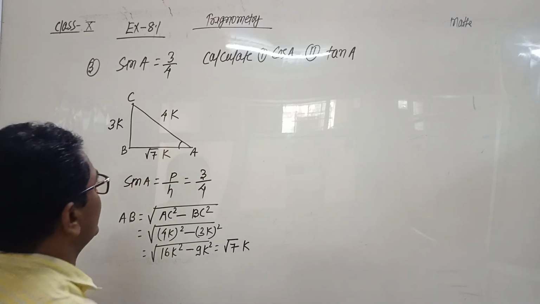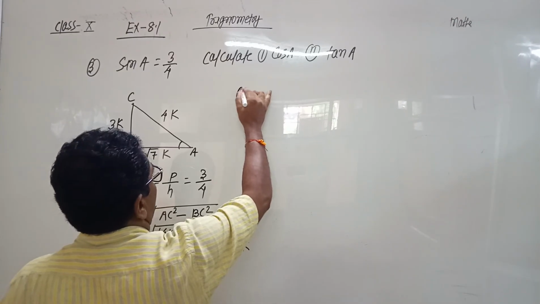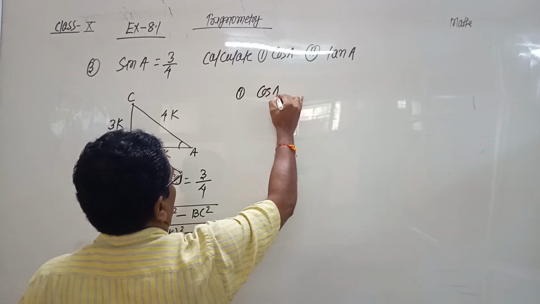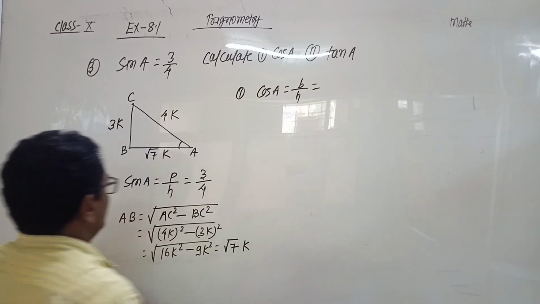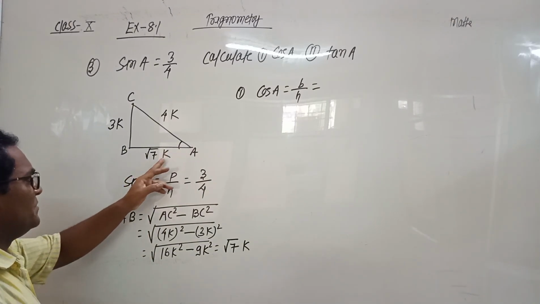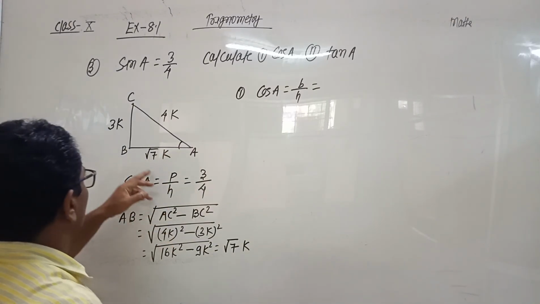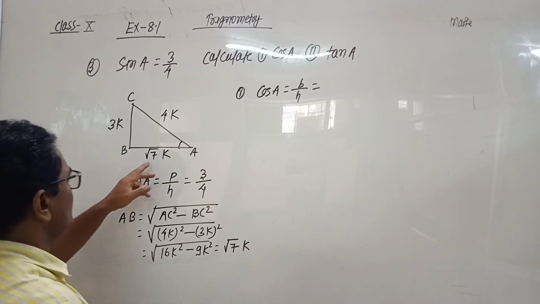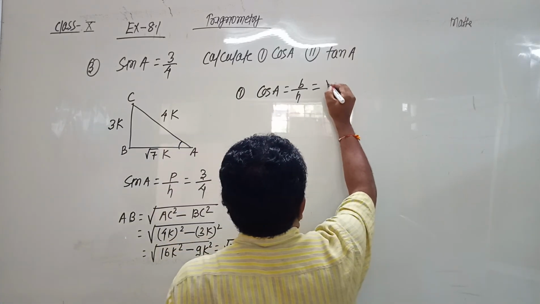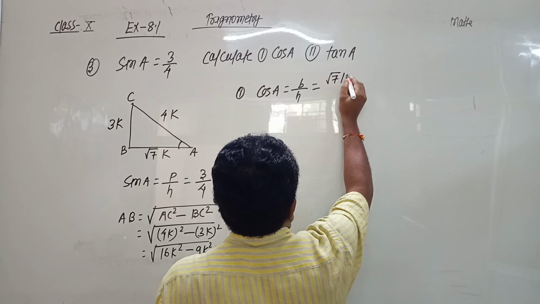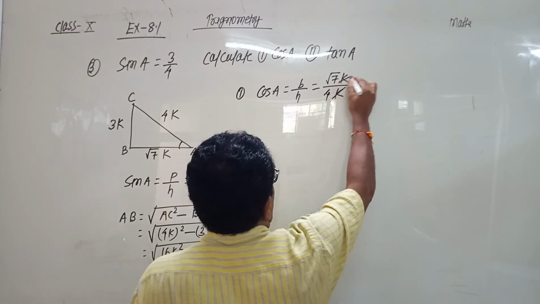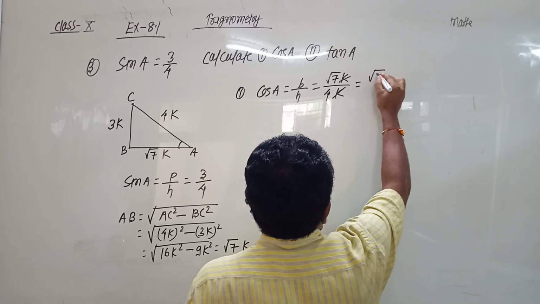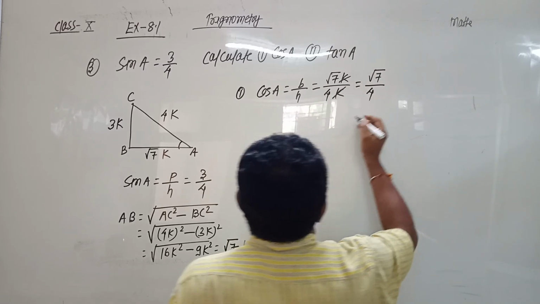Now we have to calculate cos A. The formula for cos A is base upon hypotenuse. The base we have calculated is root 7K and the hypotenuse is 4K. So K and K cancel and the result we get is root 7 by 4.